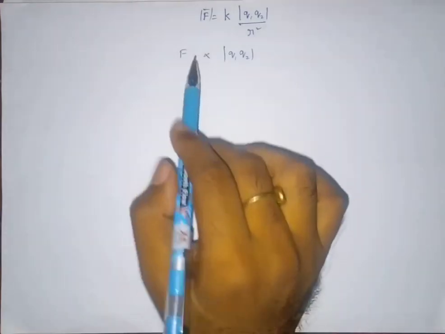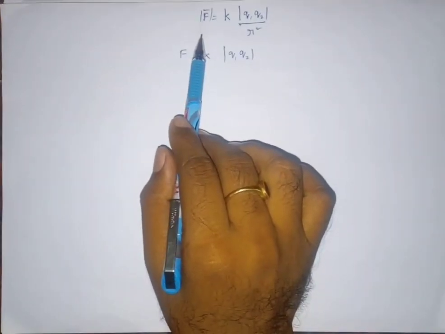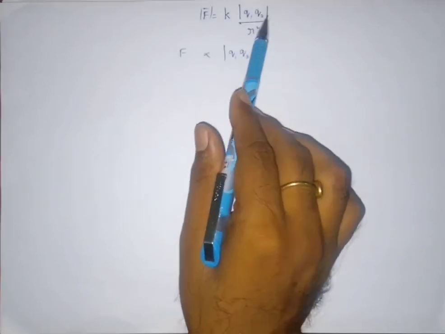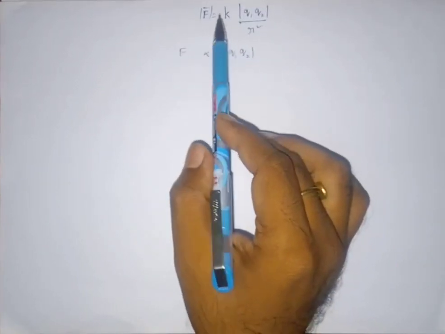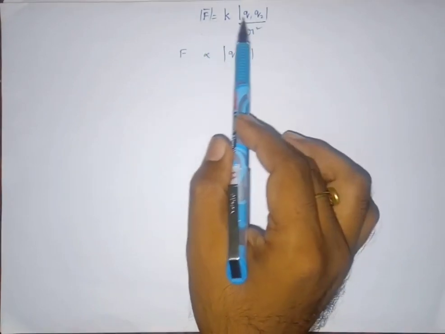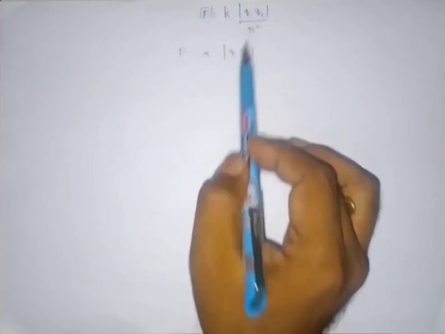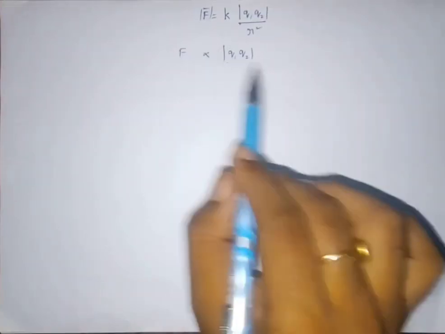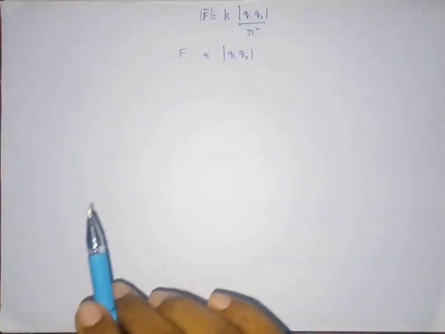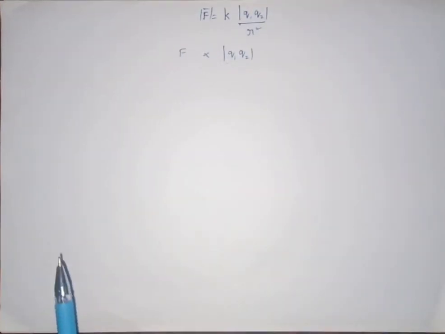Okay, so the magnitude of the force is equal to K mod Q1 Q2 by R square in air or vacuum. So this magnitude of force is proportional to the product of charges, of course mod charges. Now if I vary only the charges but not the distance or the medium, then F is proportional to mod Q1 Q2.